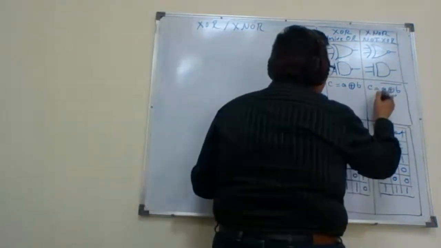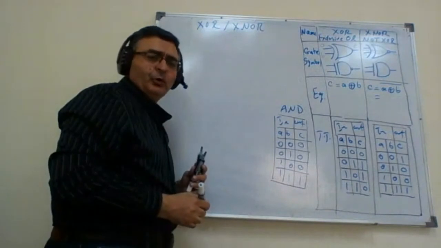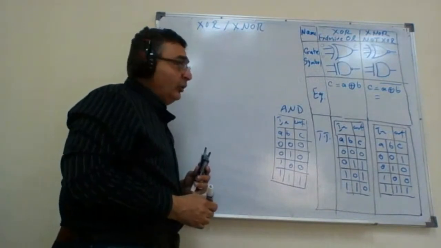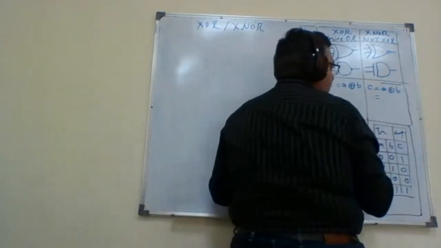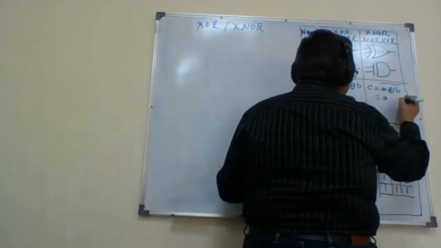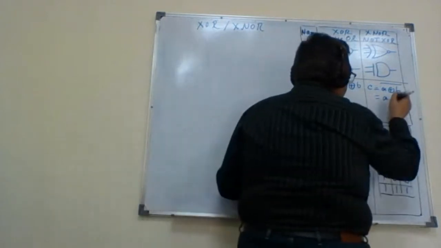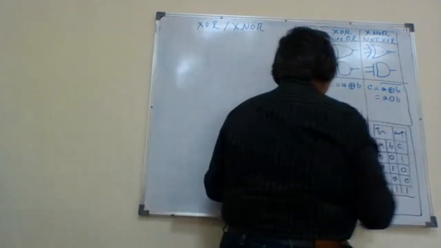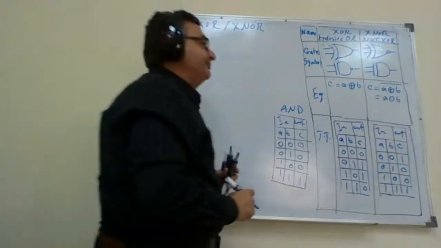Since an XNOR has similarity with the AND, it has two ways to write its equation. I can write it as A, B. The operator for AND is dot, so you can put a dot with a circle around it. So this is an XNOR.